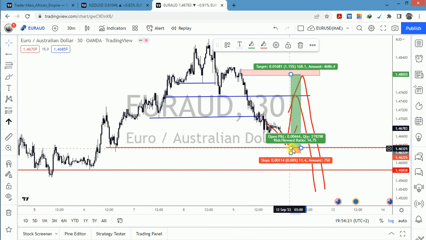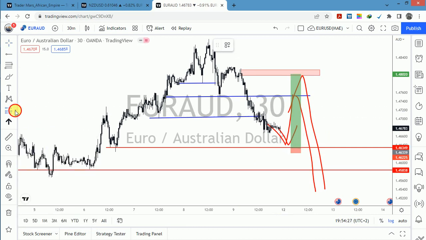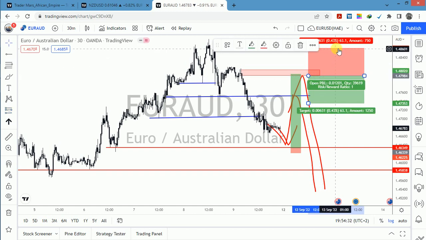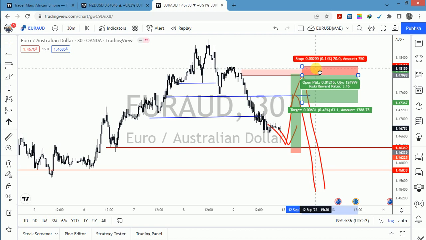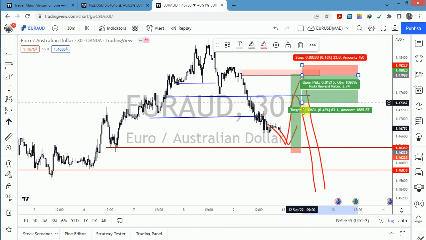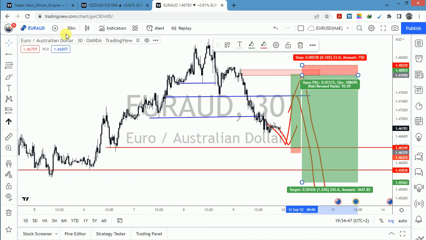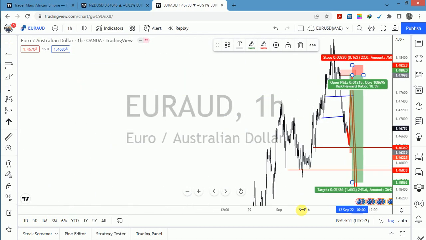So we're going to get an entry here, and then also we are going to get an entry just here, and then our stop loss will be just above 20 pips.